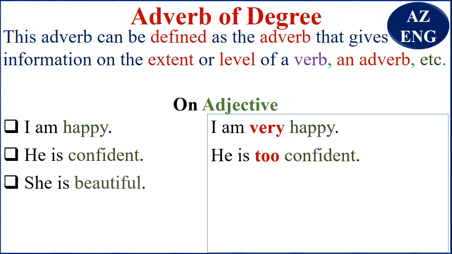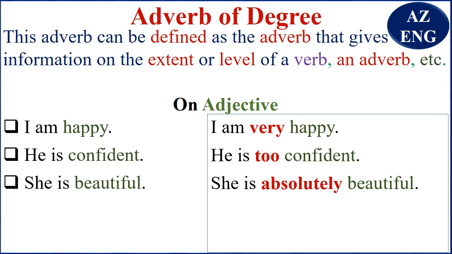She is beautiful. Beautiful is an adjective. Now, she is absolutely beautiful. Absolutely is an example of an adverb of degree. It modifies the adjective beautiful. They are wrong.